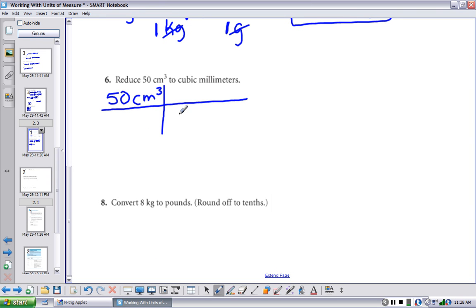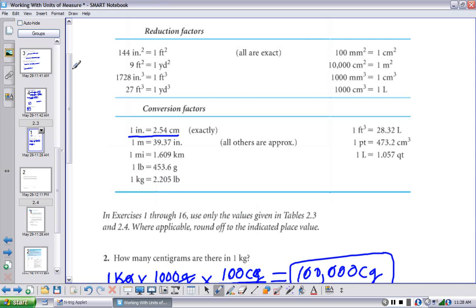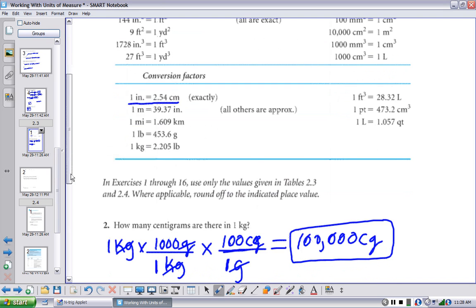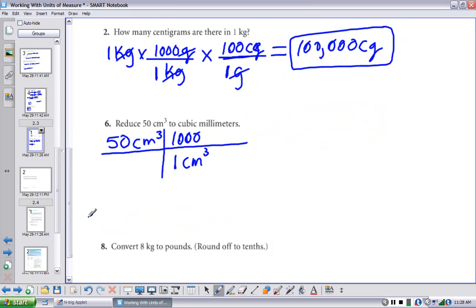We know that in 1 cubic centimeter, we have 1,000, this is from the chart here, excuse me, 10 millimeters cubed.